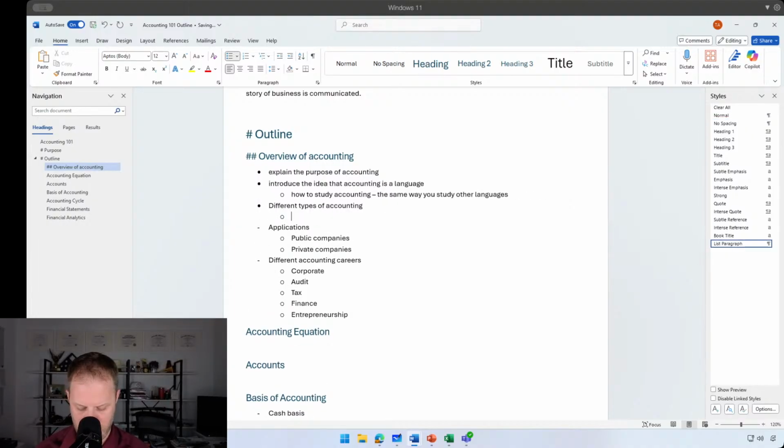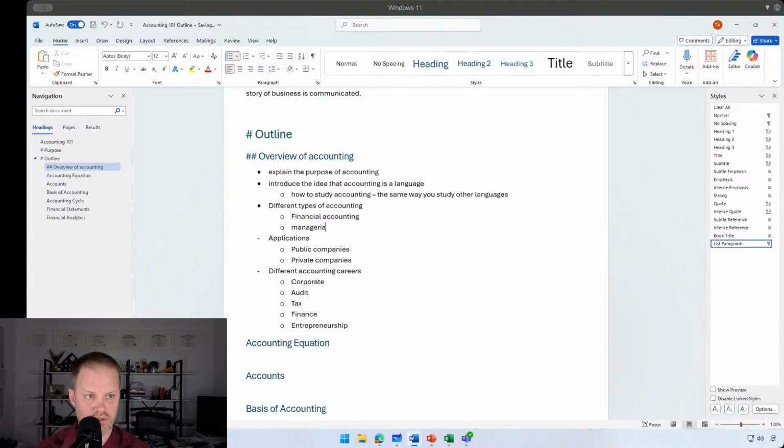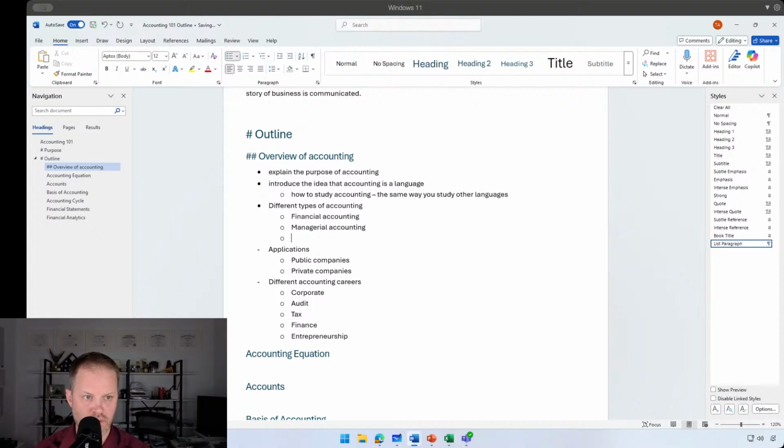So this would be financial accounting, managerial accounting, tax accounting. Each language has different objectives and target audiences.